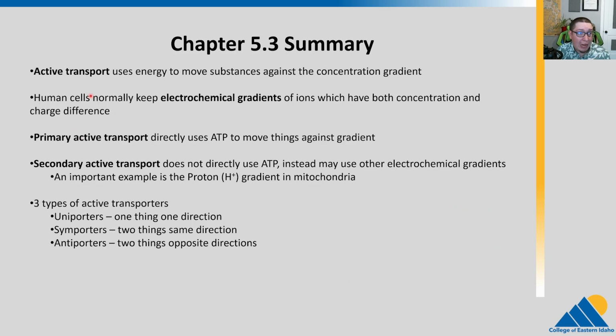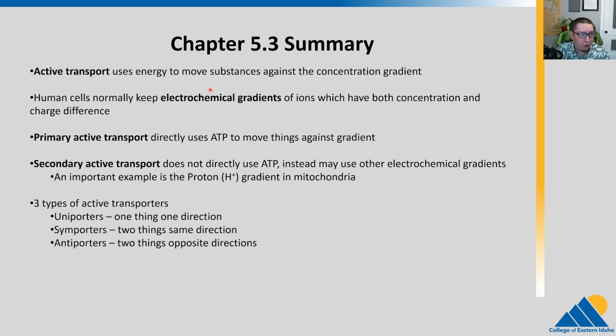All right, so we talked about active transport. Active transport uses energy to move substances against the concentration gradient. Human cells normally keep an electrochemical gradient of ions, which both have a concentration difference and a charge difference. We're not too worried about the charge difference here. The concentration one is the one we're going to focus on.